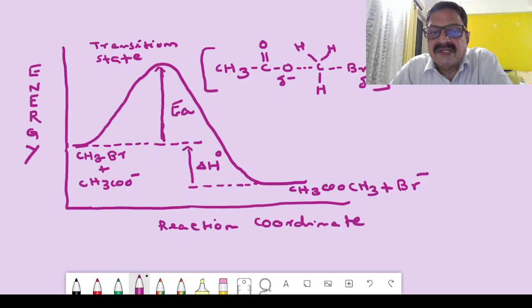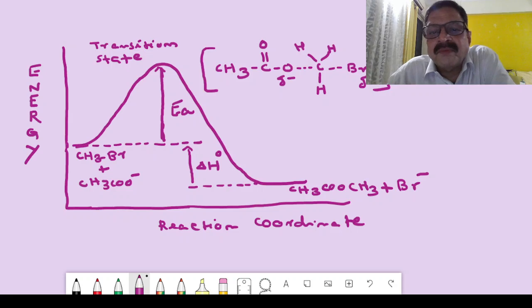So CH3COO, there is a dotted line, dashes here, that will indicate partial bond character. Partially the bond is formed here, and it is not a double bond. The C-Br bond is partially broken and the C-O bond is partially formed. There is a partial bond here.